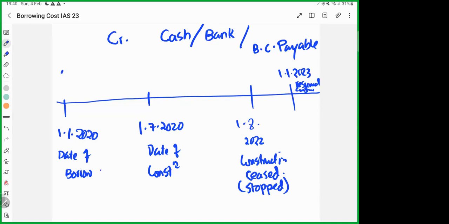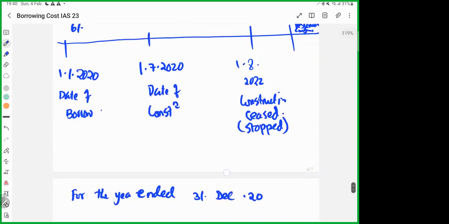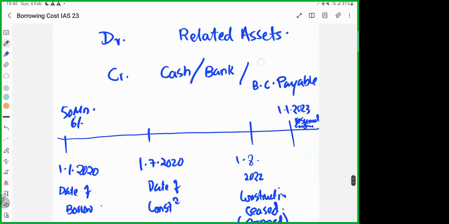Now let's say we borrowed 50 million at a 6% borrowing rate. Now tell me, for the year ended 31st December 2020, how much is my borrowing cost? Can we calculate that?